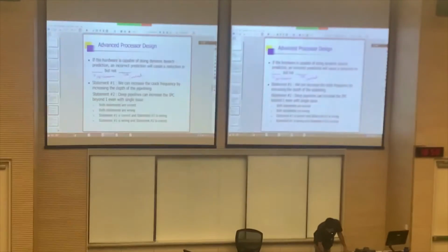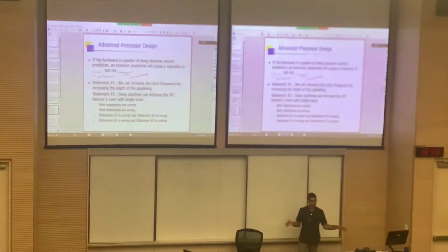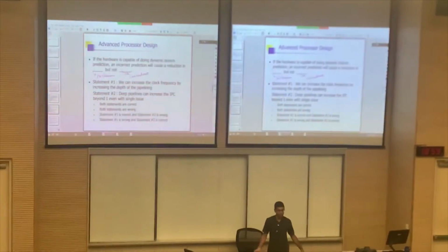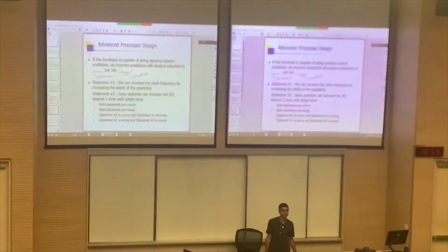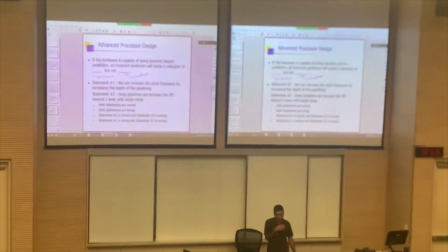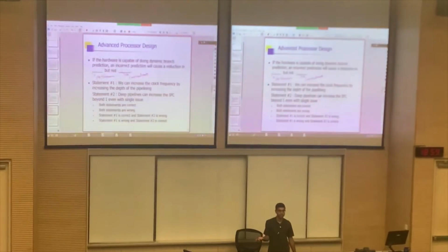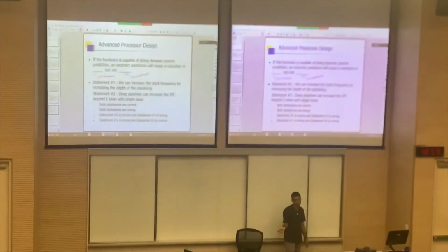The program correctness. Because anytime you have a system that makes a prediction, the system designer has an obligation to make sure that there are mechanisms whereby an incorrect prediction will not cause incorrect program execution. Okay, this can be done through a combination of hardware and software, or purely in hardware.